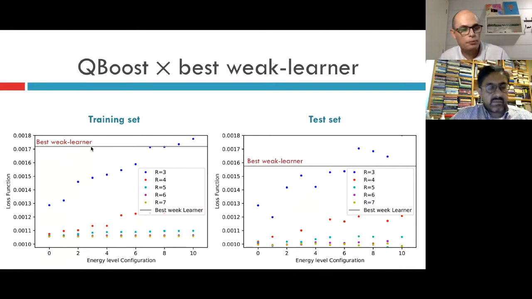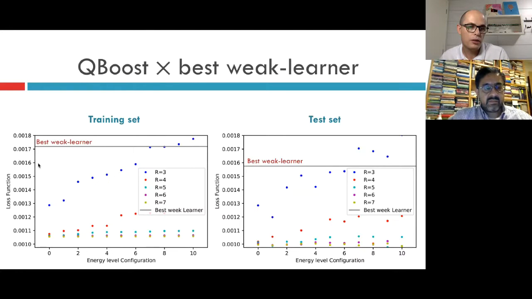Just to finish here, this picture shows the result obtained by the QBoost compared to the best weak learner. This is the value of the loss function along the y-axis. The best weak learner is this line. In the training and test set, we observe that except for number of precision qubits 3, all other solutions obtained in the quantum case are better than the best weak learner.